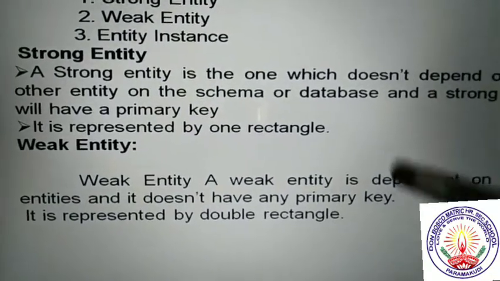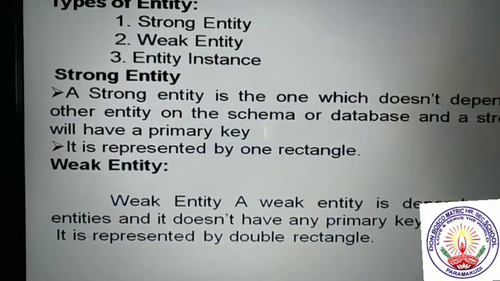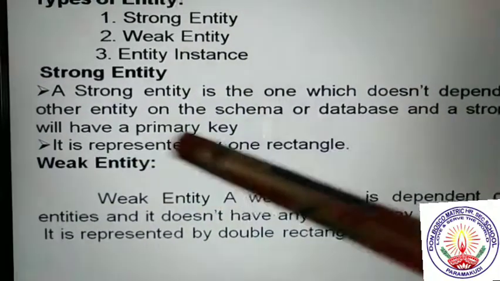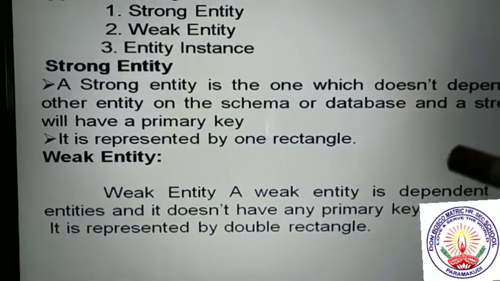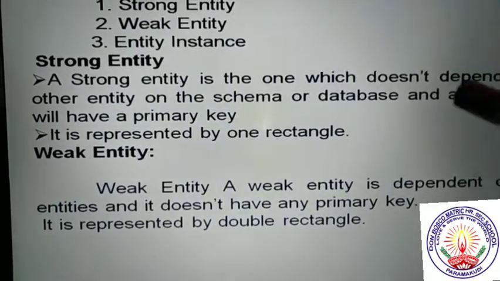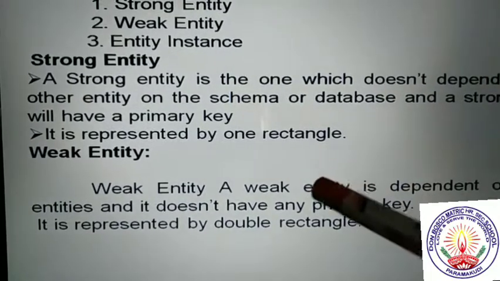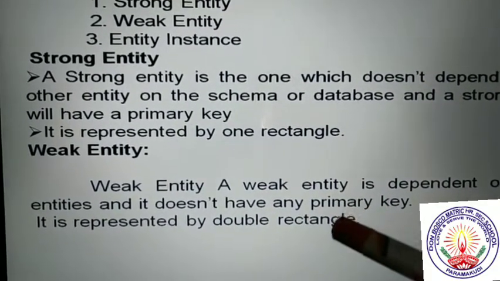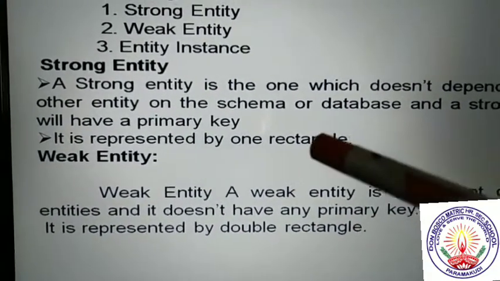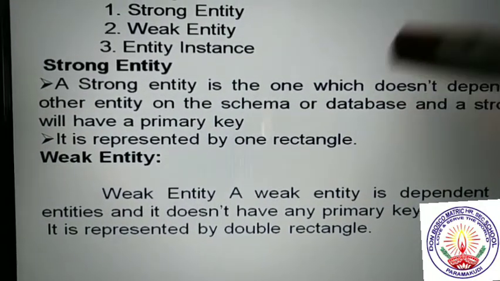Just differentiate between strong and weak. Strong is the major entity concept and does not depend on any other entity, but a weak entity depends on another entity, and it also does not have any primary key. But a strong entity has a primary ID.